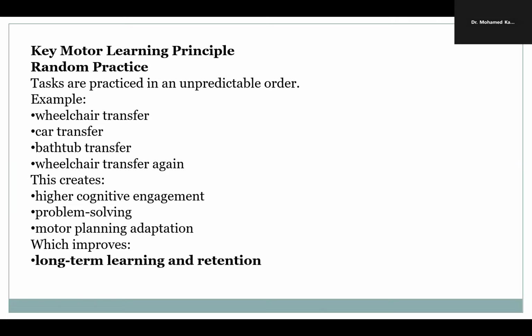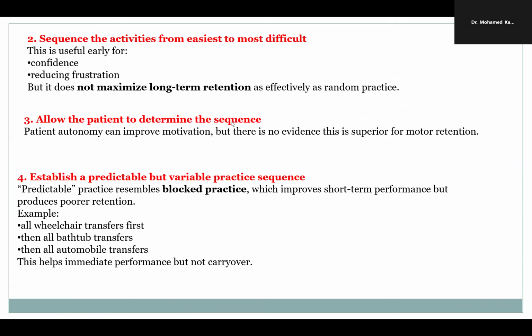So this is unpredictable order. This will create high cognitive engagement, will help problem solving, will help motor planning and adaptation, and overall this will improve the long-term learning and retention of these motor skills.